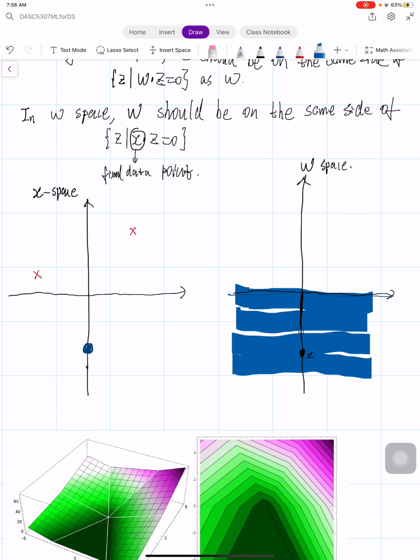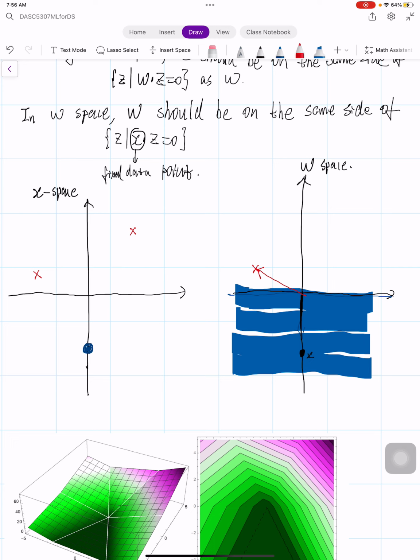Secondly, let's look at this point. Now let's go through the same procedure for every point. For this point, we have x, right? How do we correctly classify this point?